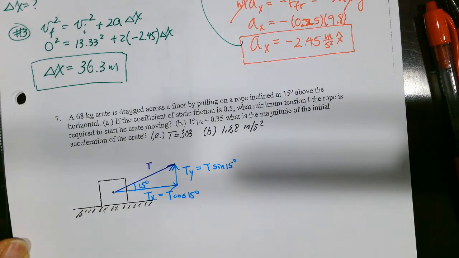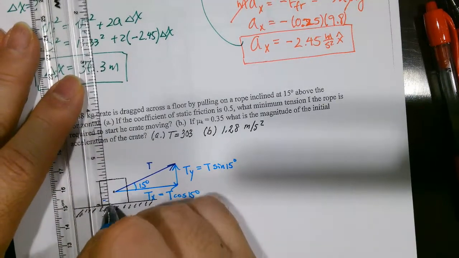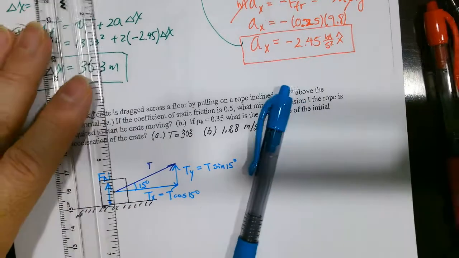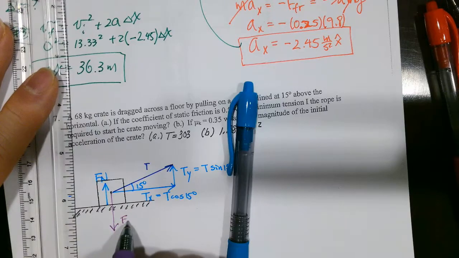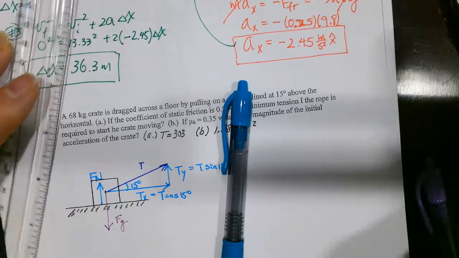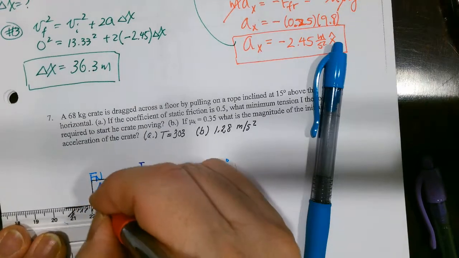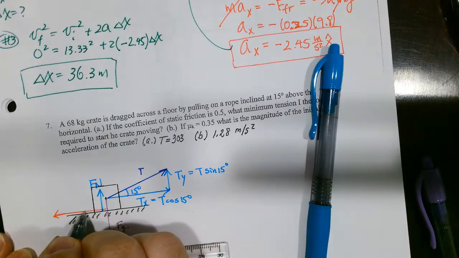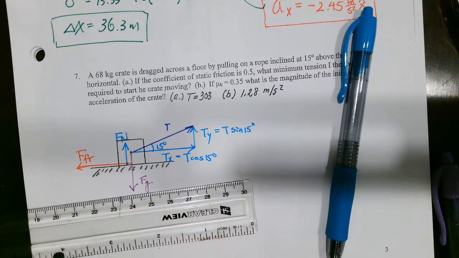All right. My other forces: I'm going to have F normal, and I'm going to have Fg, and I will have F friction hindering the motion.